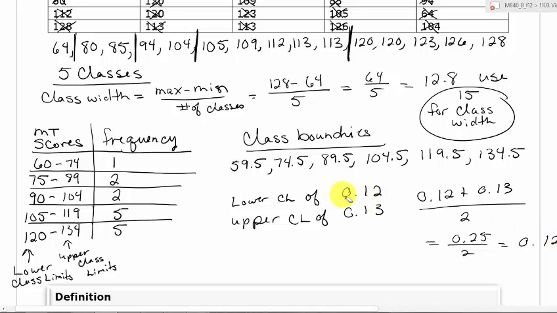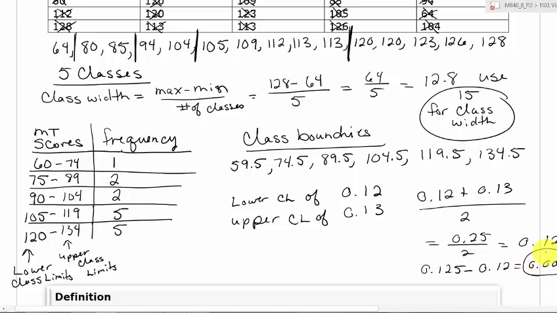And then to find the one that would come before this one, so let's say that this was the first lower class limit, you would just subtract on. We had to add on 0.005, so you would subtract 0.005 from this to get the other one, right? If we took 0.125 minus this lower class limit, 0.12, we would get 0.005.